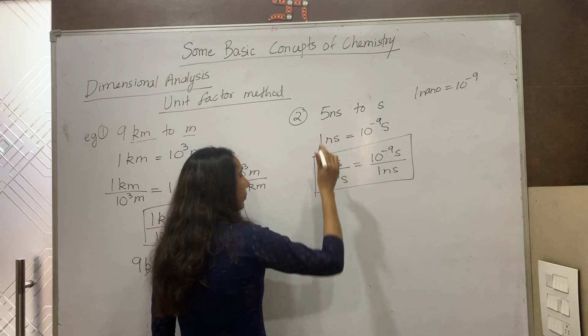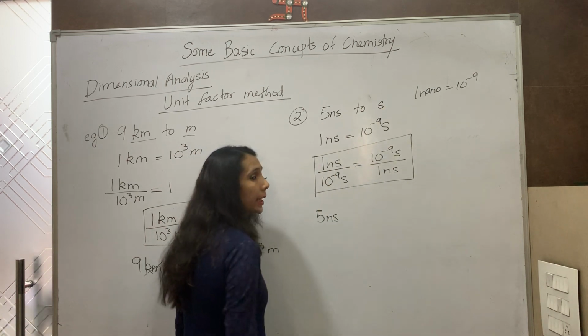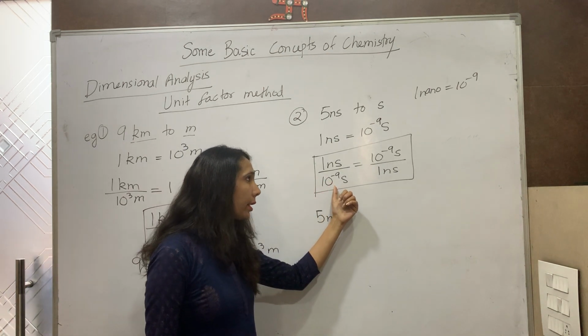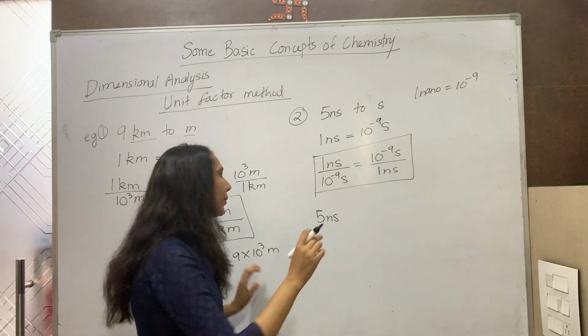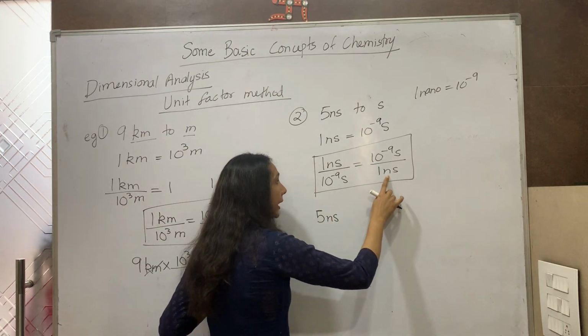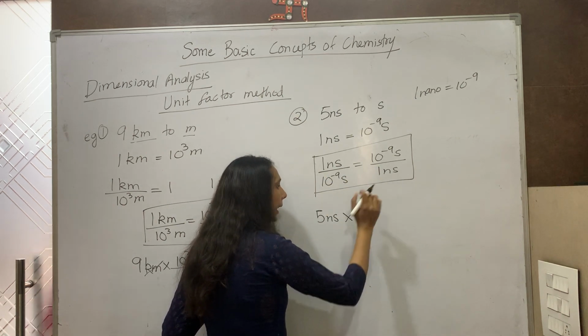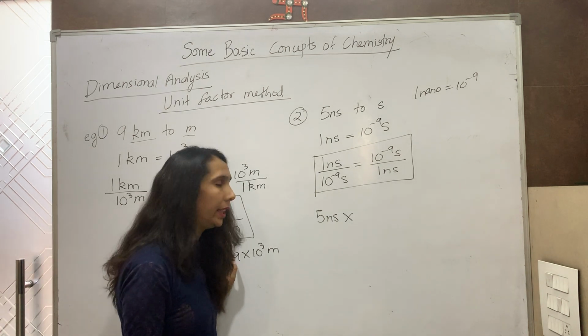Now we consider 5 nanosecond. I have to convert it into second. So either I have to multiply by the first or the second in such a way that nanosecond should get cancelled. So I will multiply by the second, because in the second, the nanosecond is in the denominator.